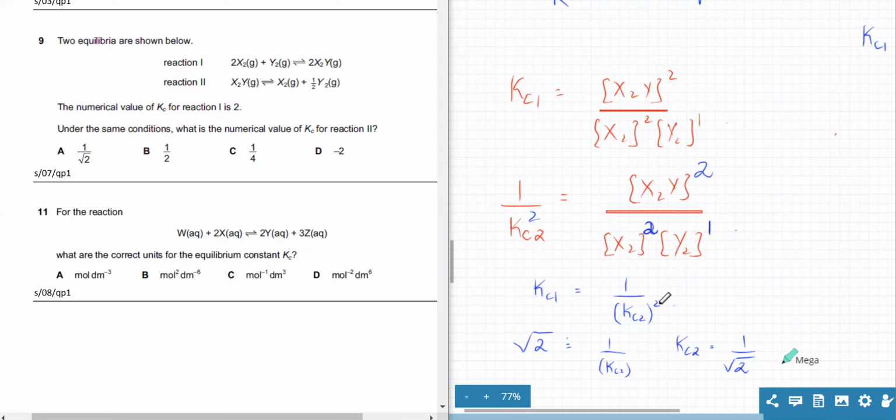So first thing, get rid of the square. How do you get rid of the square? You under root it. So that became the square root of 2 is equal to 1 over Kc2, right? Okay, right. So then you have, one second.